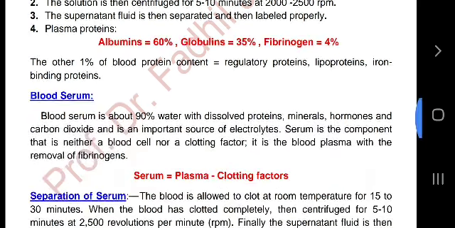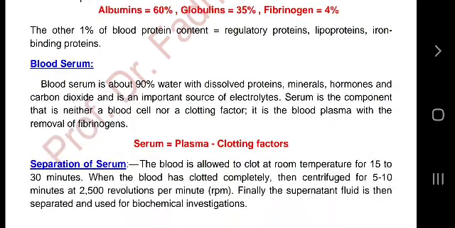The other type is a blood serum. A blood serum is about 90% water with dissolved protein, minerals, hormones, and carbon dioxide, and is an important source of electrolytes. Serum is the component that is neither a blood cells nor a clotting factor found.